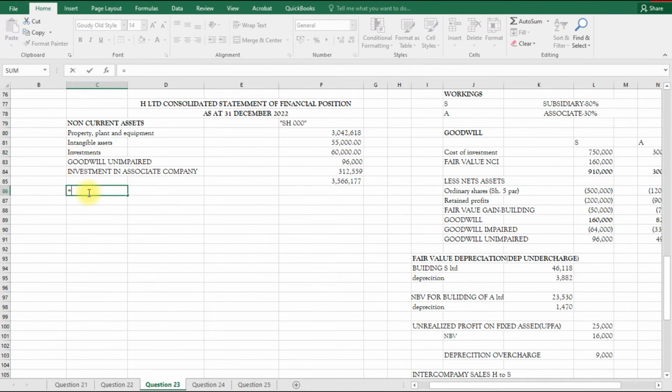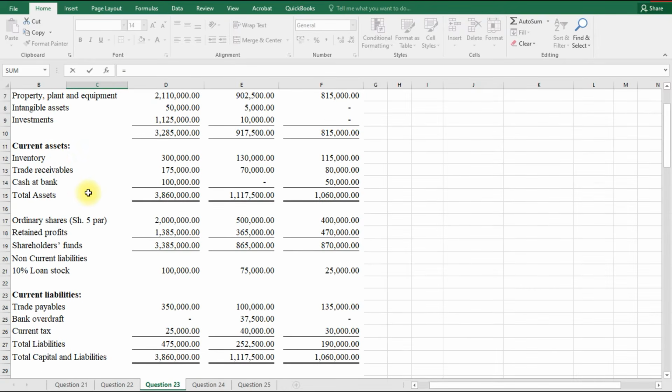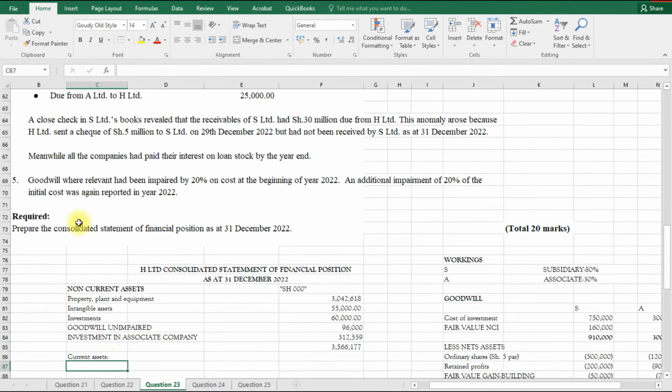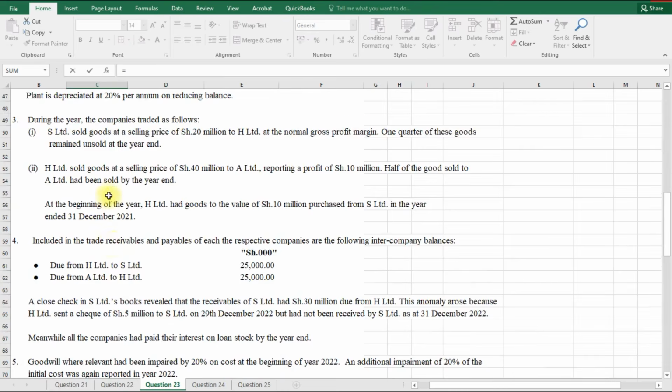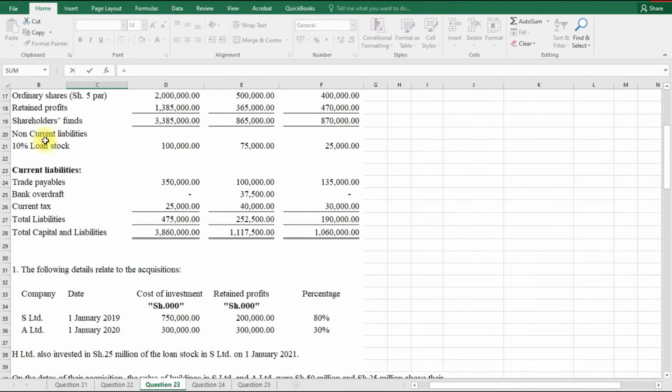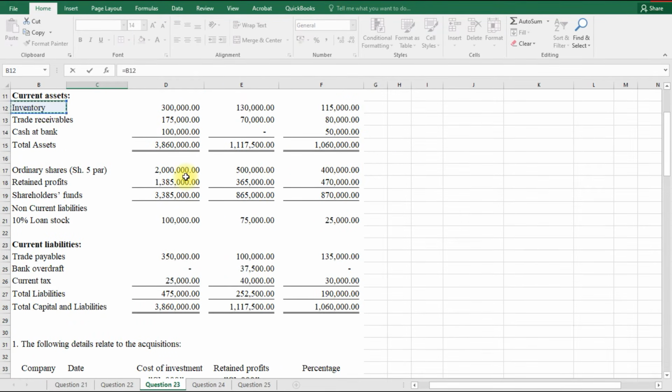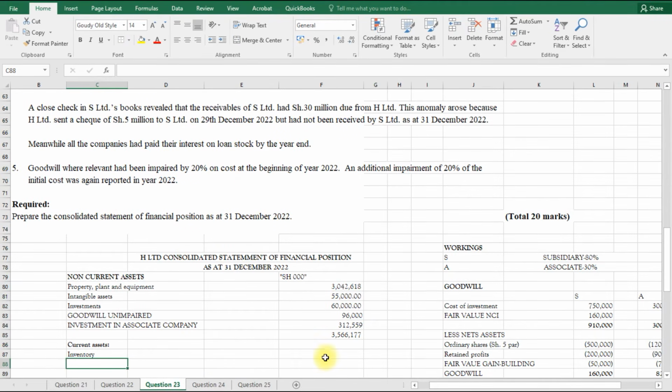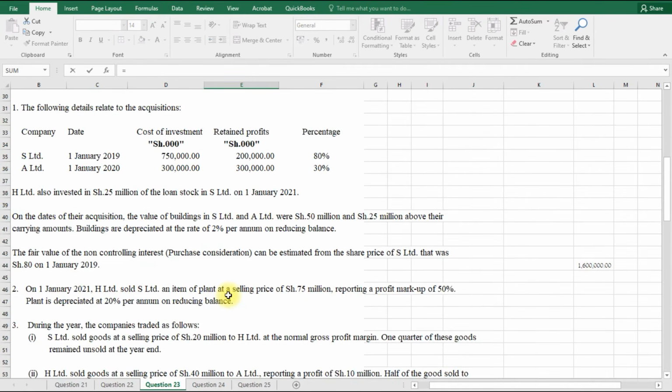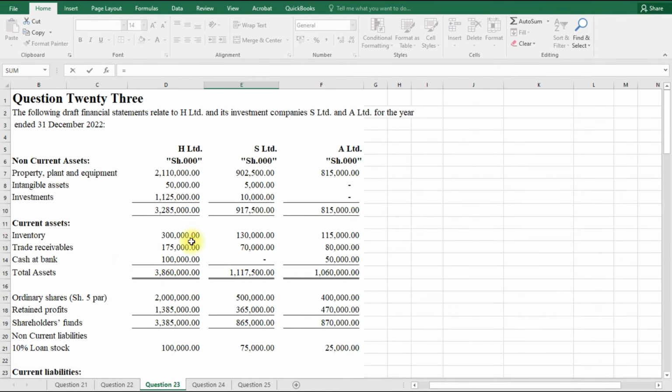So we go to current assets, just pick the wording here, our current assets, and I can put bold to this. The first current asset we shall start with is inventory. Add inventory, enter, and our inventory, we fix it here, we shall have inventory for H, we add inventory for S, and we shall adjust these.